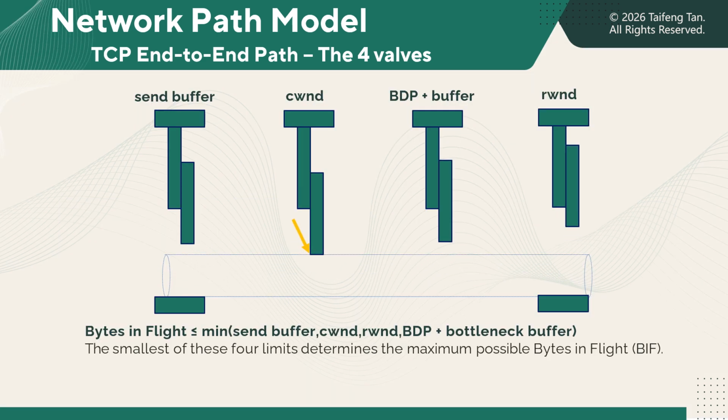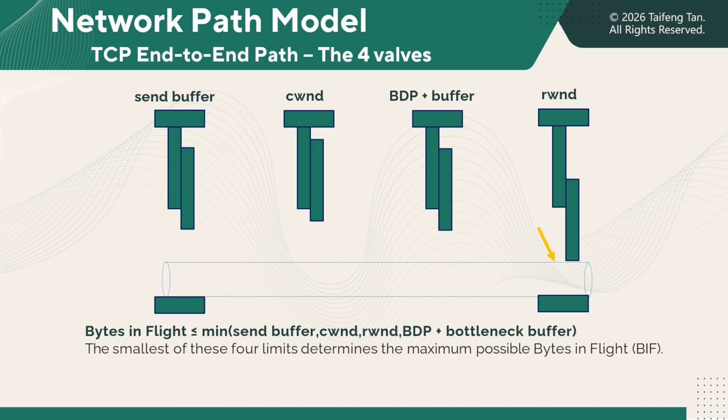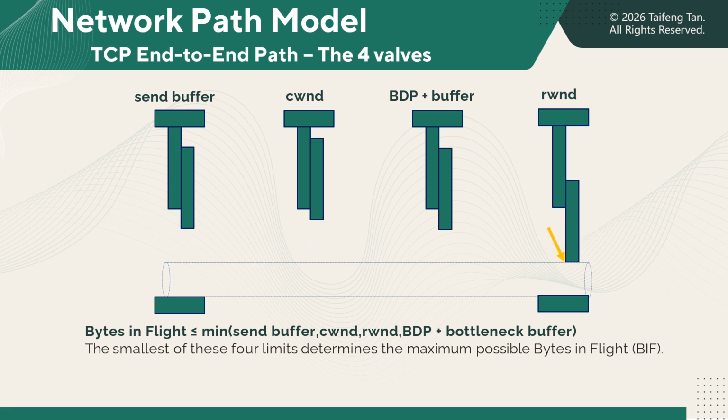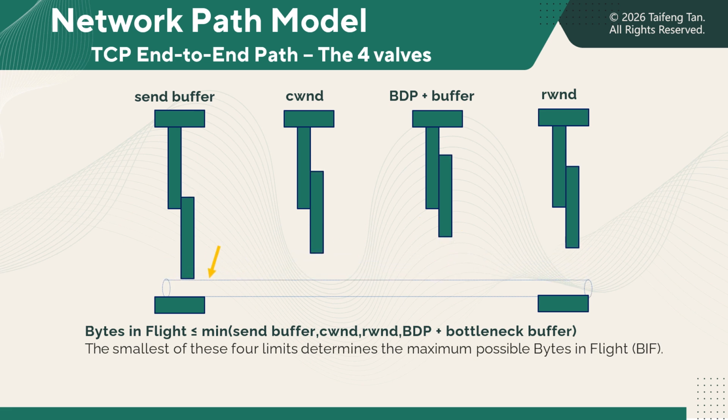In real networks, especially under traffic contention, these valves are dynamic. At any moment, one is always the smallest. While the specific constraint may shift over time, a minimum limit always exists. This smallest limit becomes the active constraint, determining the maximum bytes in flight. Therefore, in performance troubleshooting, our primary task is to identify this limiting valve.